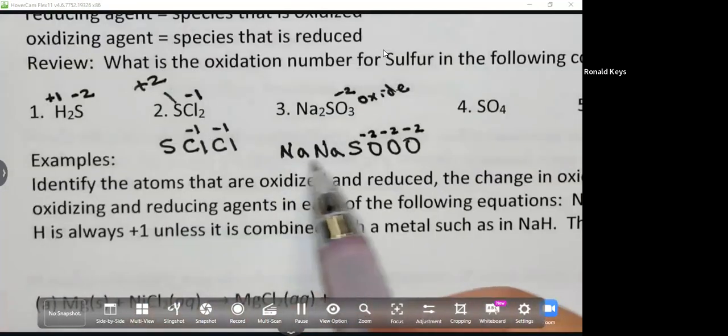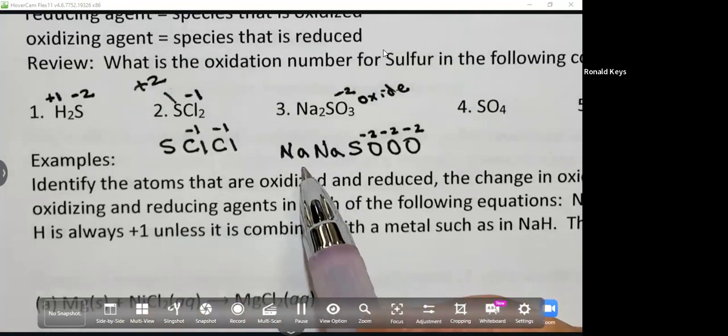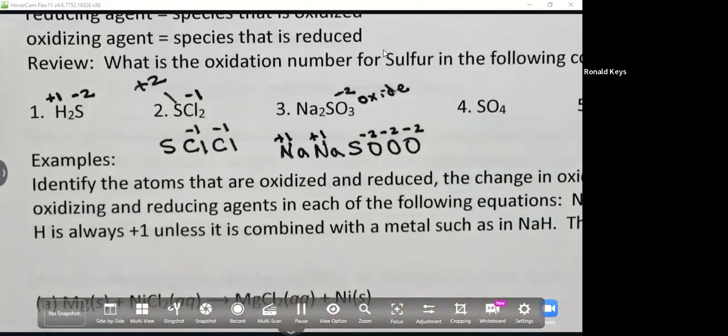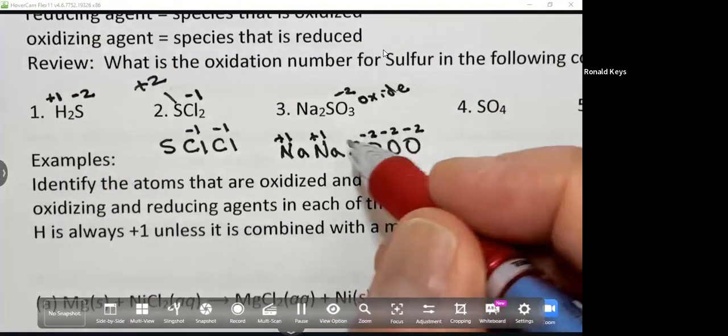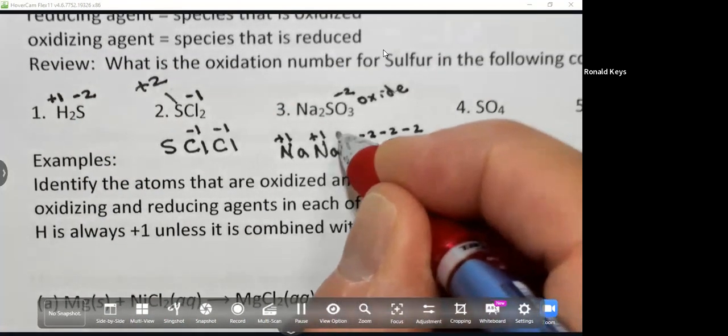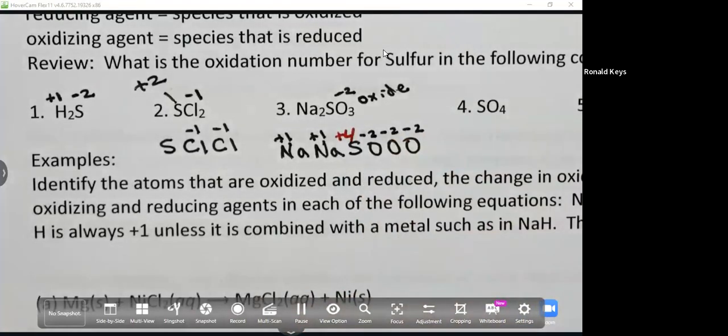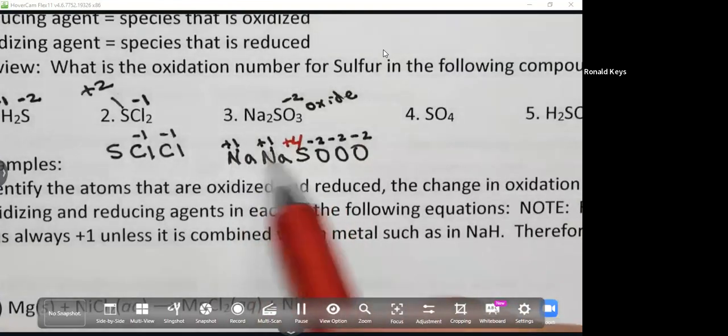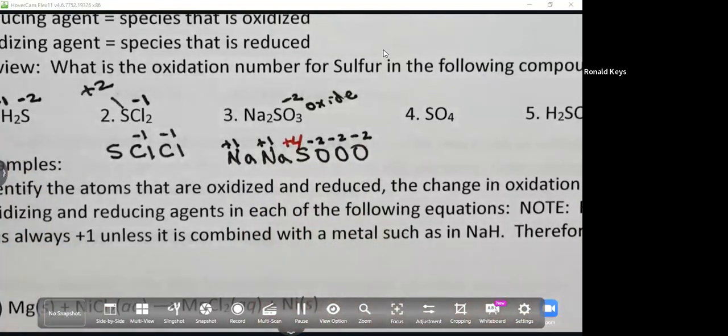What do we have for sodium's charge? Always, always, always +1 for sodium. So we get a +1 and a +1. What's my sulfur charge? +4, right? +1, +1, +4. That gives me a +6 and my -6. So I have a +4 sulfur there.